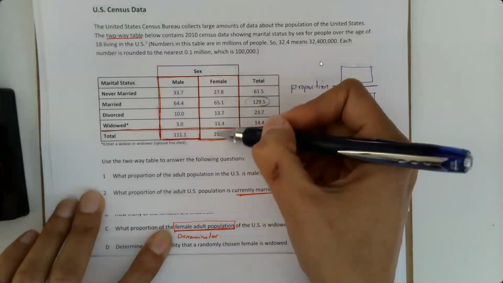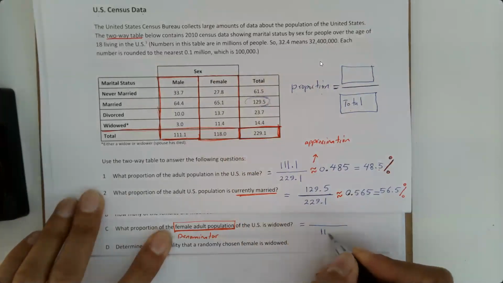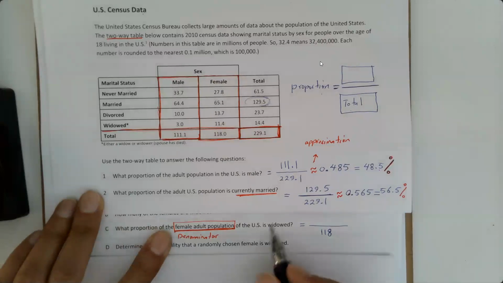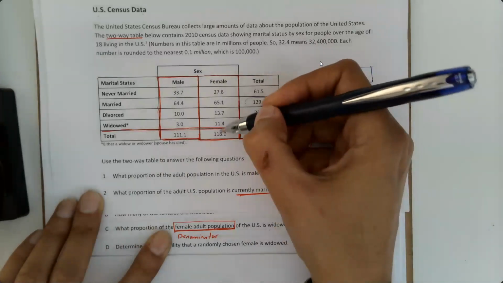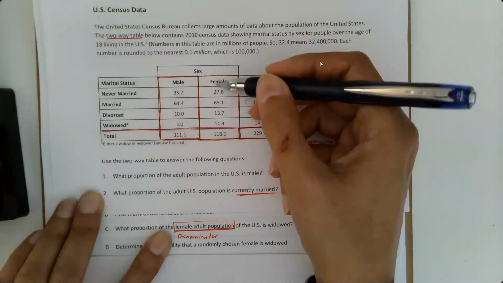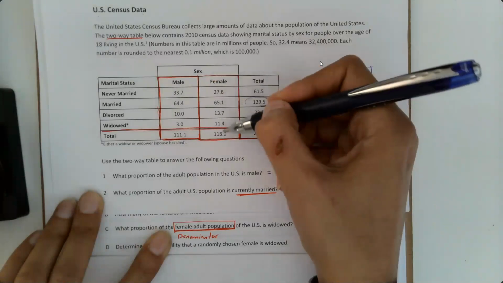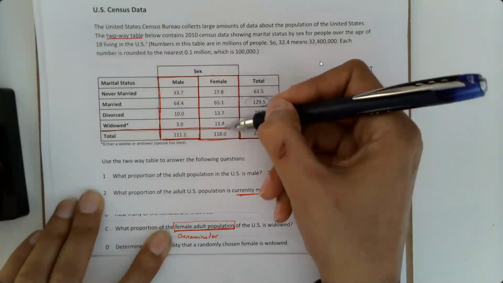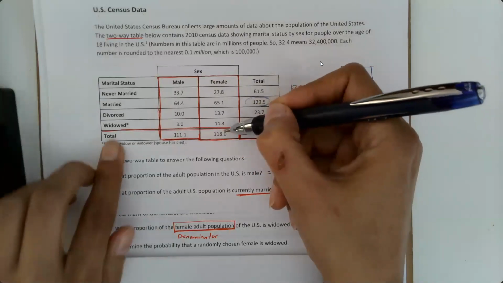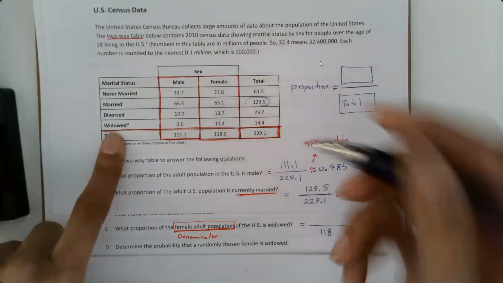Female, 118. Widowed, females who are widowed, 11.4.